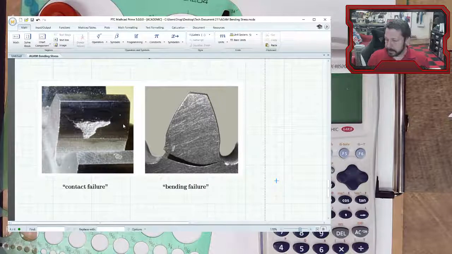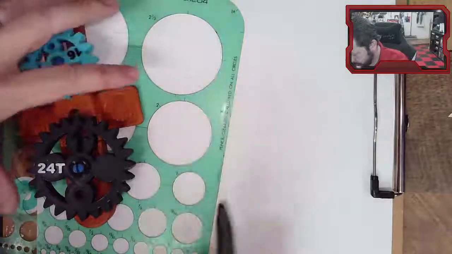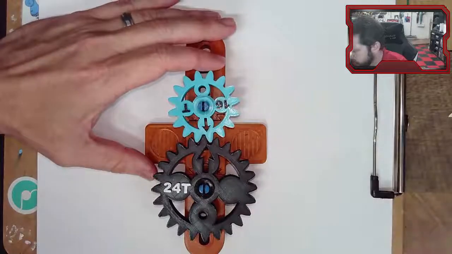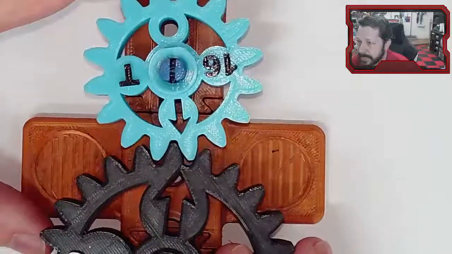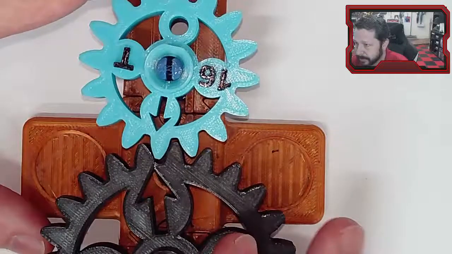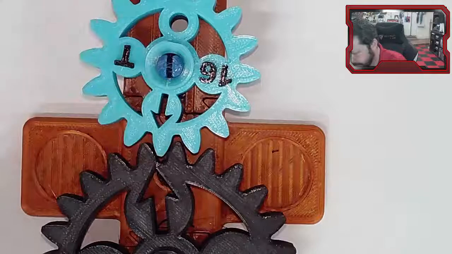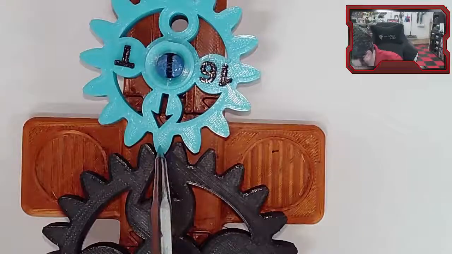So what happens? Let's look at our little model here, if we can see it. Let's zoom in. All right, so we're looking at the teeth as they contact. Let's look at the ones by the arrows here. So this tooth coming in contact with this one. This tooth coming in contact with that one.